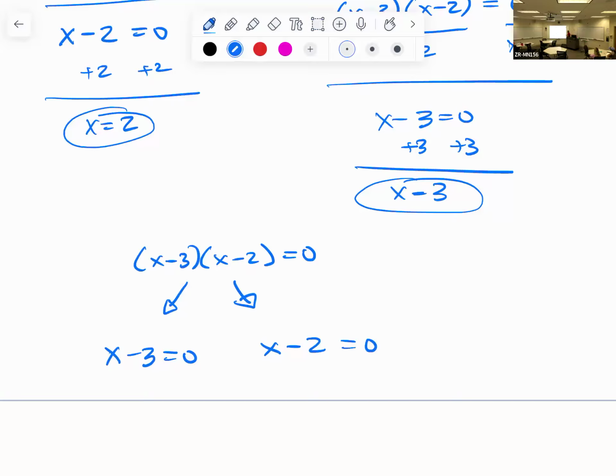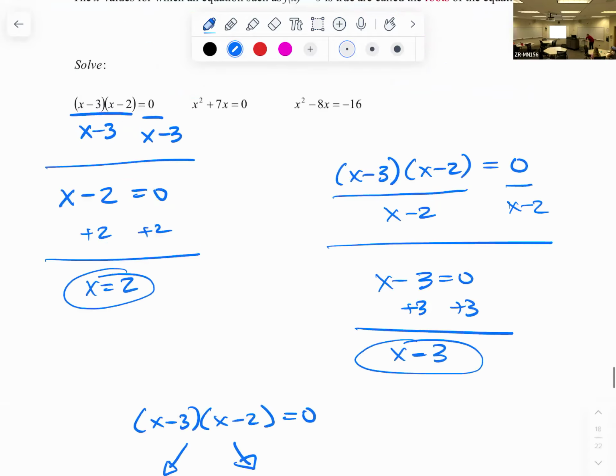This is the benefit of factoring. I have a 1-degree polynomial that I can solve, and another 1-degree polynomial to solve. Now beware, this only works if this is equal to 0. If there is any non-zero number over there, you have to get it to 0 first. But the whole idea is that we factor this down and then you can solve these equations.